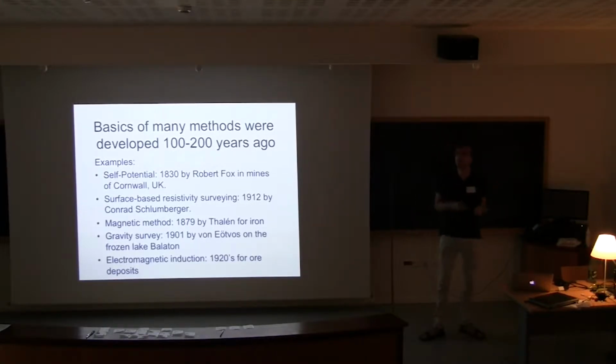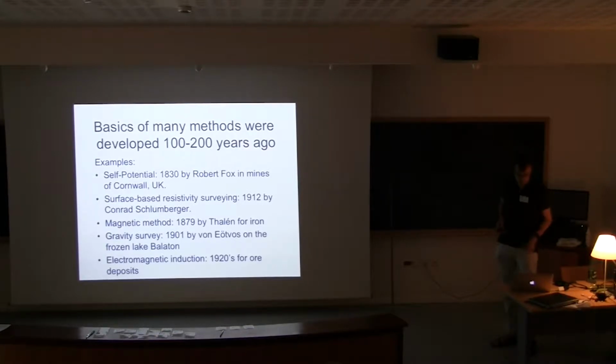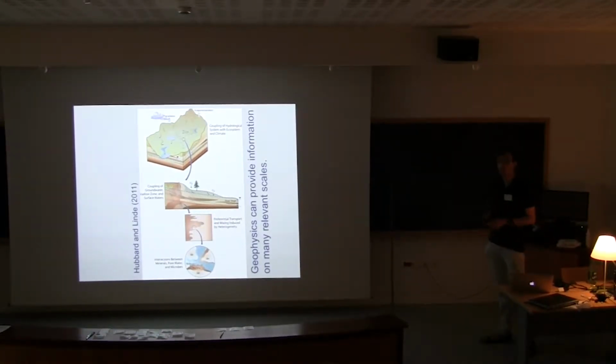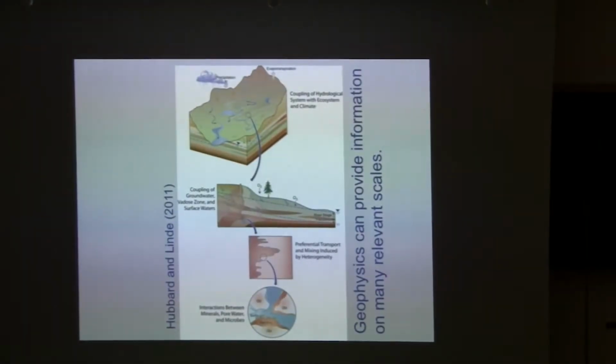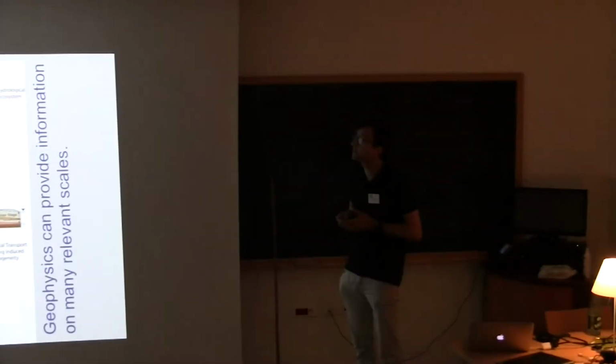Of course things have developed, hardware, software, understanding, applications, but we need to remember that we're building on something that is pretty mature. What we want to do is provide information about properties, processes, and states at scales that are relevant for a given application.